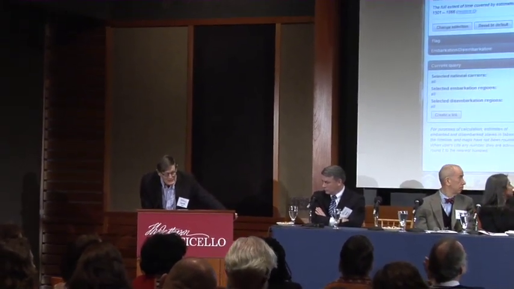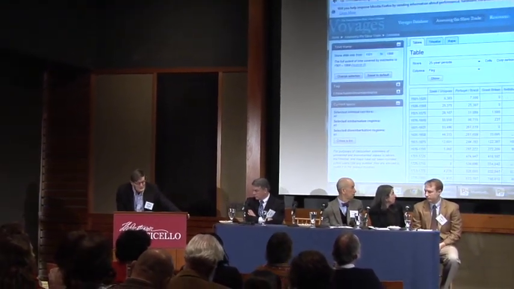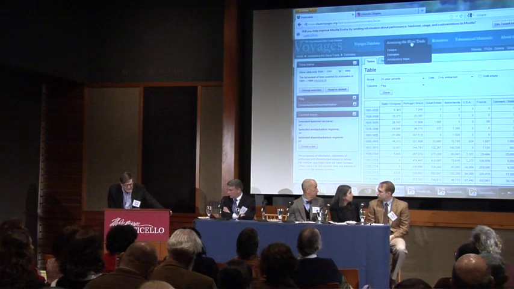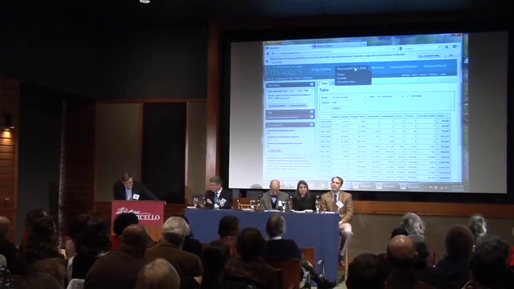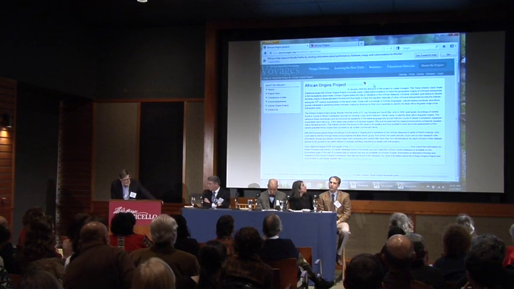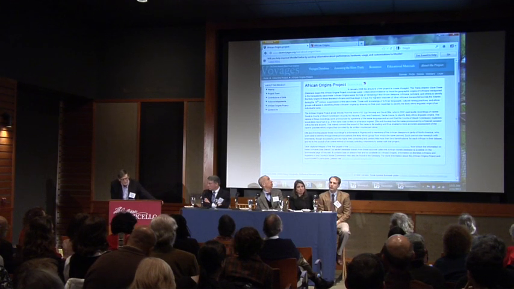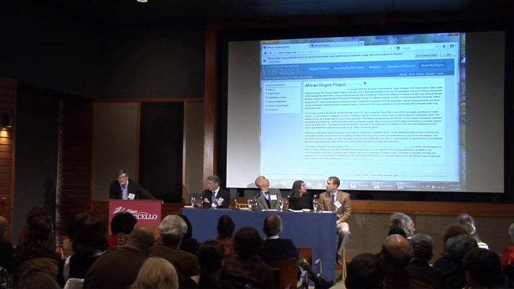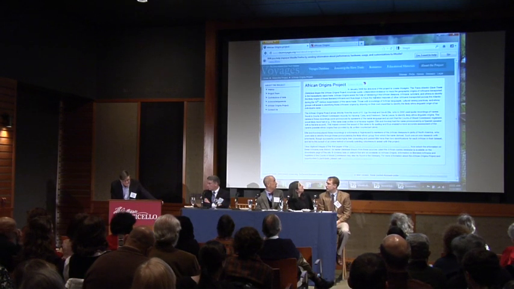And you can arrange the data in any sequence of time and space that you like. And then the third major component, which is currently under review, is the African names database. At the present time, this page transfers you to the second of the two sites, which I want to speak about briefly right now.